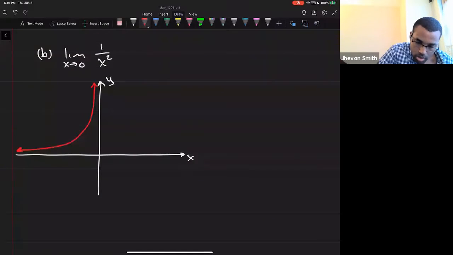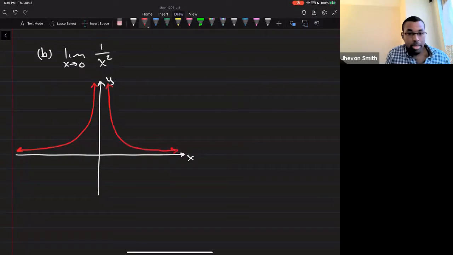Yeah. So this is the graph of 1 over x squared, which again is something that I expect you to know by heart. It's a very popular graph, I should say. And yeah, we can see that if 0 is the value that we care about and the input is getting close to that, then if we approach from the left side, it goes up and up and up and up, right? We can't really describe that by a number, but we can describe that by a concept.